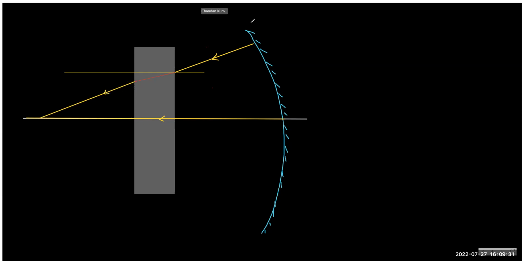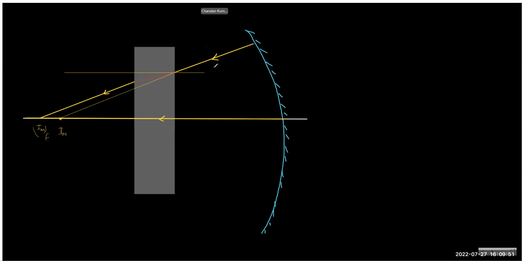So now the expected location of the ray was this. So this is called the image formed by the mirror. And this is the final image.